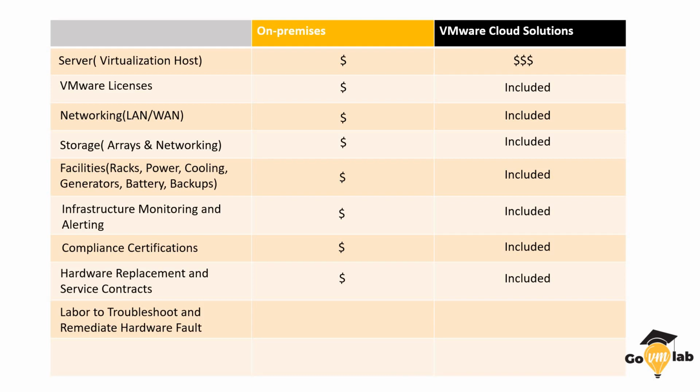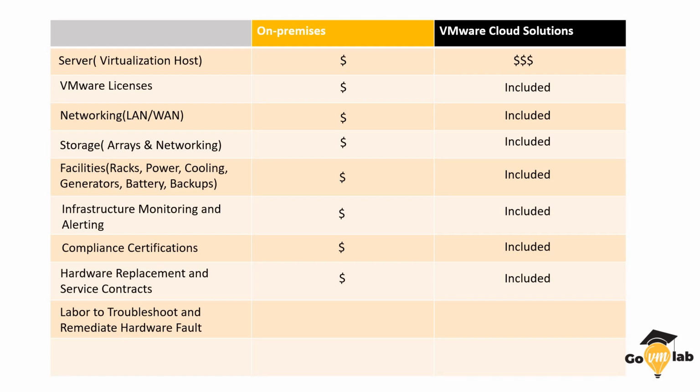Another important factor to look at is labor to troubleshoot and remediate hardware faults. If we are the ones owning that entire infrastructure, then we have to troubleshoot any issue that occurs on it. It could be hardware related issues, storage related issues, or network related issues.